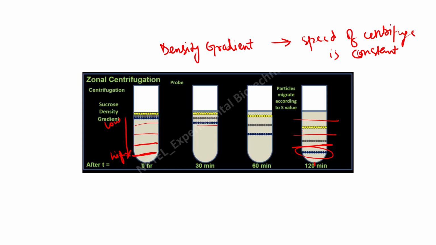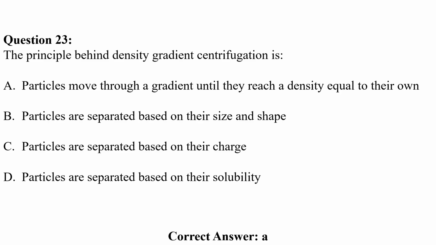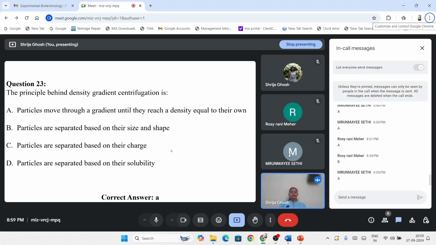Then till here and you will have the yellow component separated. That's how you can separate the components based on their densities. So when the particles move through the gradient, they move till they reach a density equal to their own, and they will stop at that point.